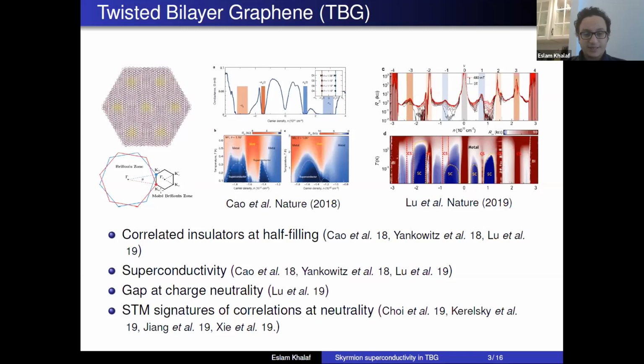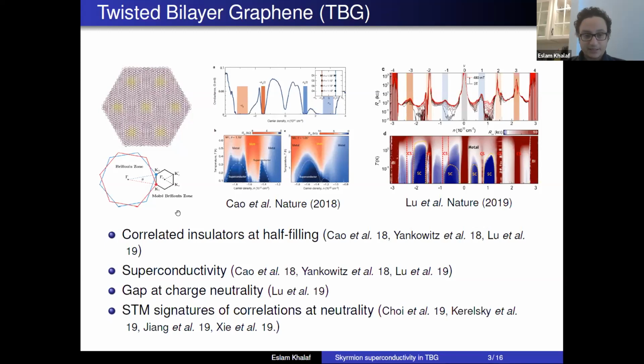When one looks at the band structure within it, one finds that the bands are very sensitive to the twist angle, and around an angle of roughly 1 degree, the so-called magic angle, a pair of very narrow bands appear at charge neutrality, and as a result, correlation effects get enhanced.